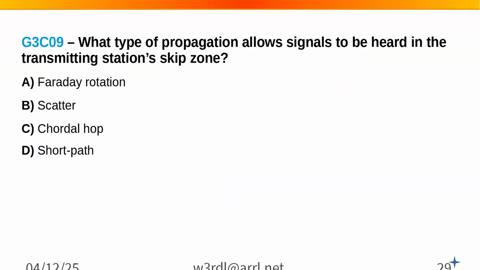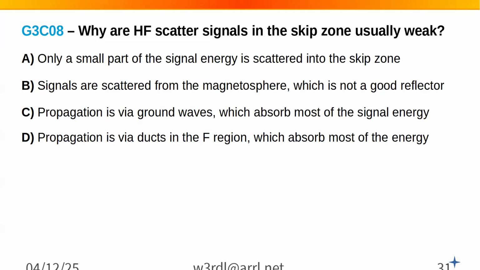So what type of propagation allows signals to be heard in the transmitting station's skip zone? Probably scatter. Why are HF scatter signals in the skip zone usually weak?